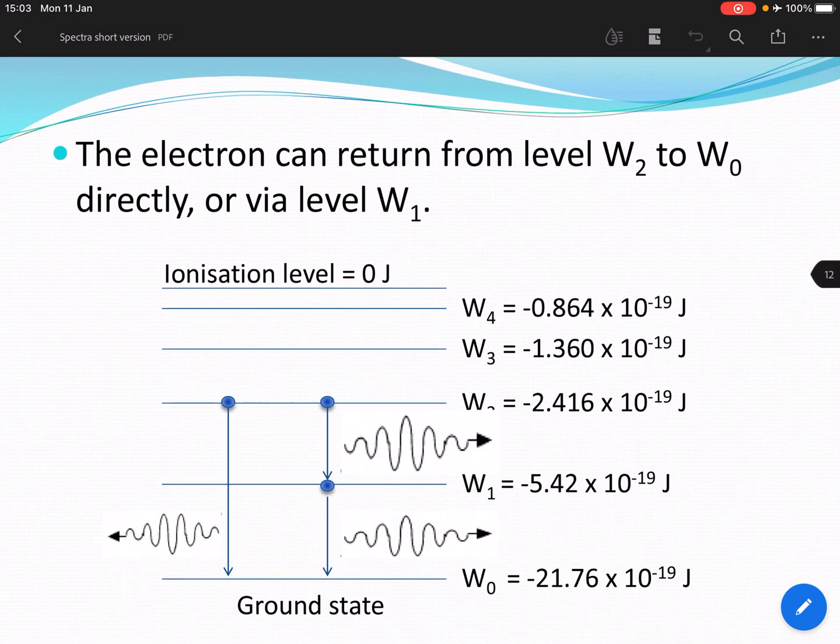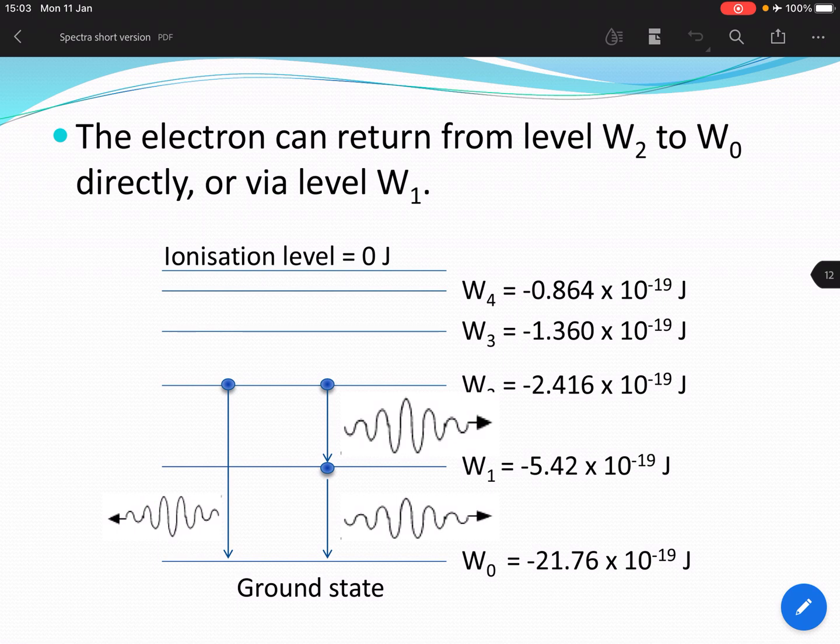When it comes back down again, there's a couple of different options about what it can do. It can drop all the way back down to the ground state in one go. And if it did that, it would release a photon with an energy of approximately 19 times 10 to the minus 19 joules. Or it could drop from W2 to W1, and then drop from W1 to W0.